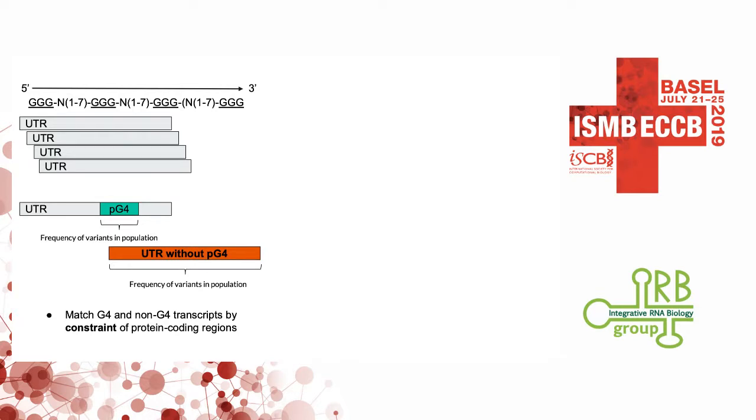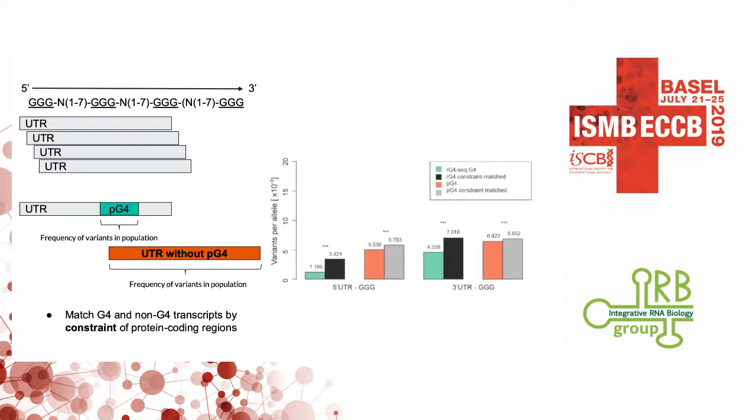I'm not going to go into specific details of how we do this, but we did this because we did not want linked selection from highly constrained protein coding genes to be affecting our estimate of allele frequencies within these UTRs. So when we look across these contexts of G4 versus non-G4, we see that there is a significant reduction in allele frequencies for variants that affect G4s versus non-G4s, looking specifically at the G tracts of the genes.